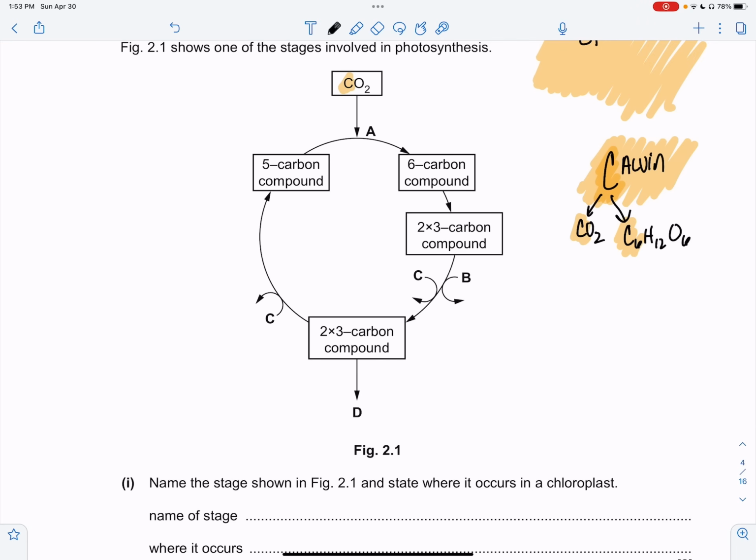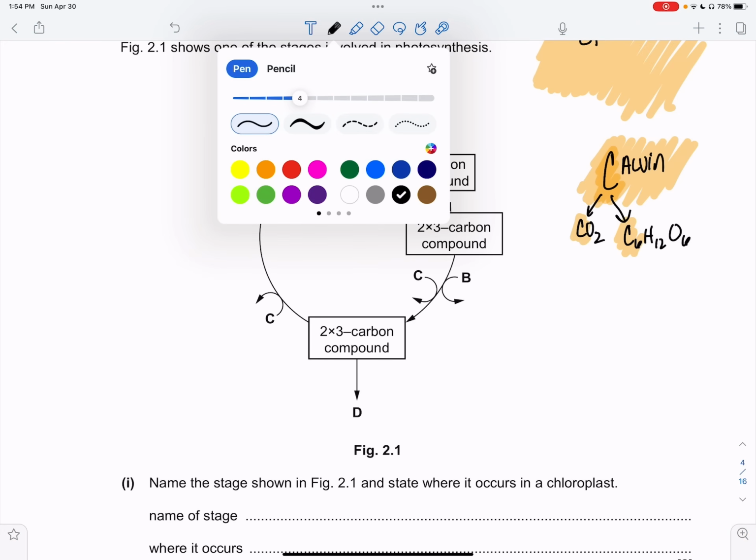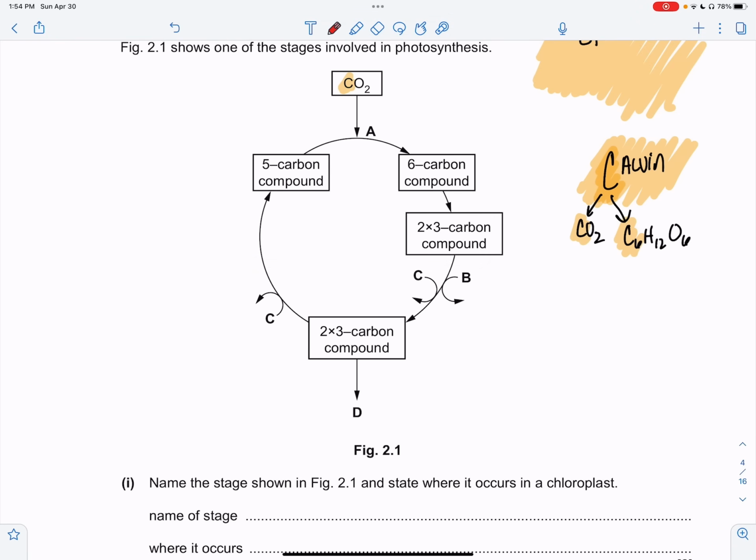All right, so first we have CO2 brought in through the stomas or stomata that are underneath the leaf, so it just diffuses in. And with rubisco, so that is an enzyme. Enzymes make things go, and A is going to be rubisco.